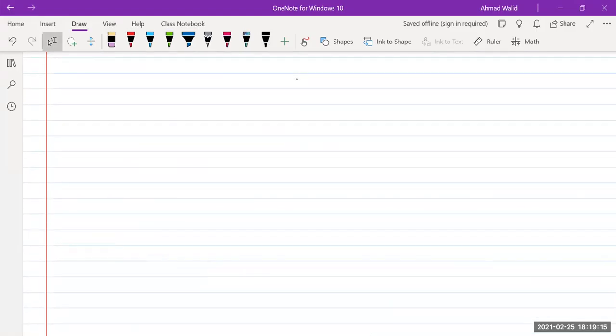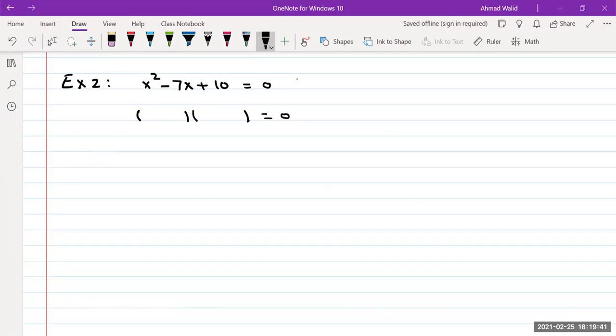Example number 2. x squared, I'll copy this one from your book, minus 7x plus 10 equals 0. First step, I will try to factor: x and x. Possible factors of 10 will be 1 times 10 and 2 times 5.